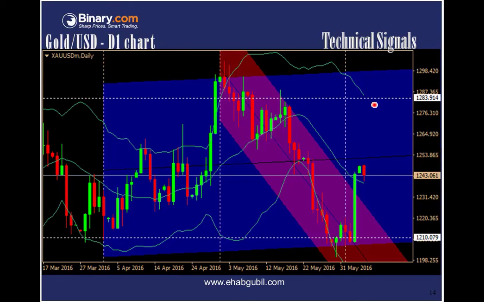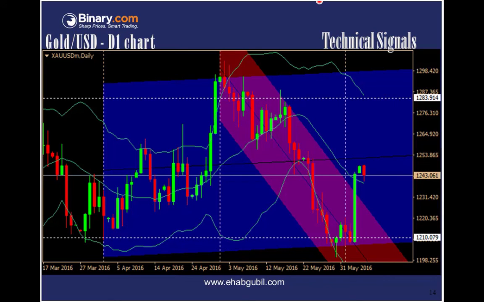So you can trade it by making a rise option on gold or a touch option at this level. It will take around 2 weeks to reach this level. So the duration of our trade, you should make it 2 weeks, 2 trading weeks, 15 days.